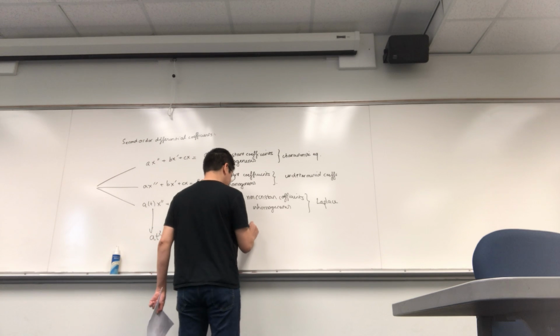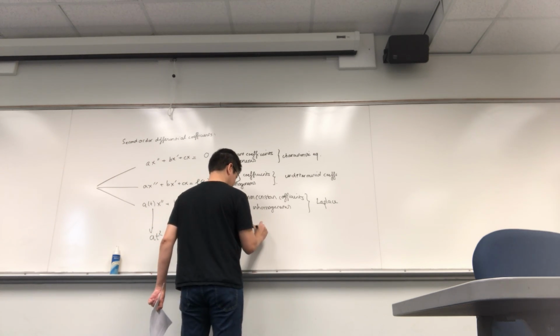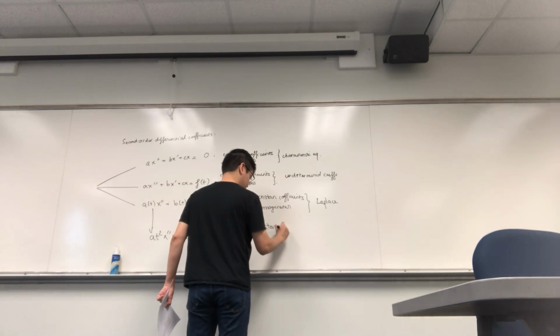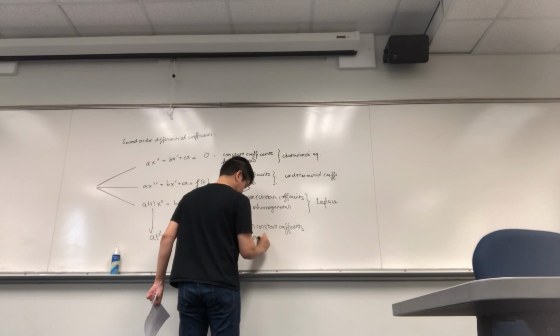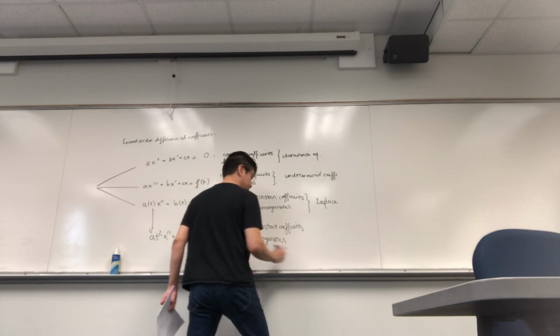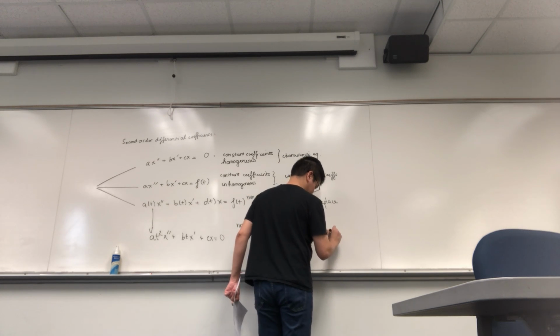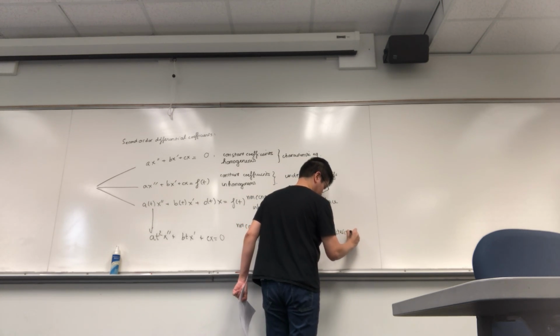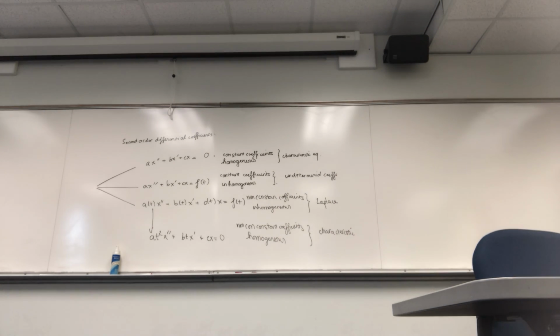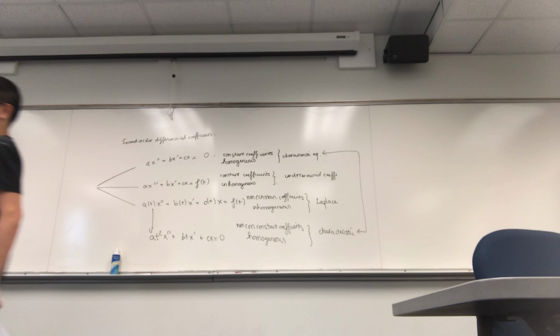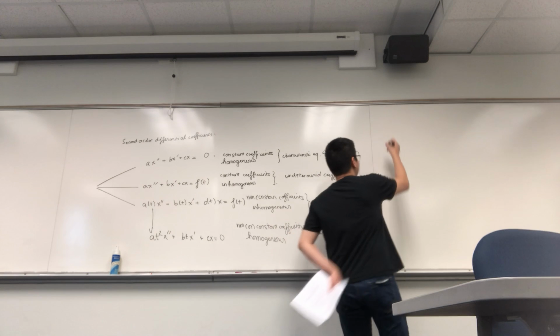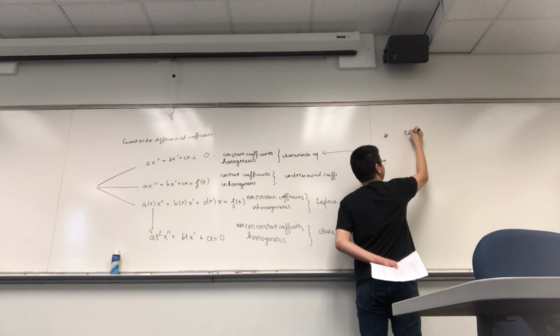In this case, you have non-constant coefficients, homogeneous, and you can use the characteristic equation. But in this case, the characteristic equation is different, right? This equation is called the Euler-Cauchy equation. So now let us study the Euler-Cauchy equation.